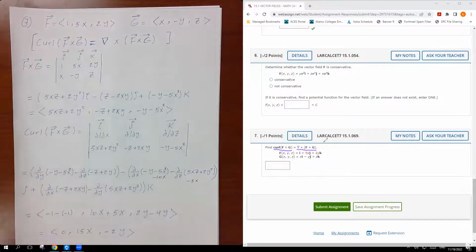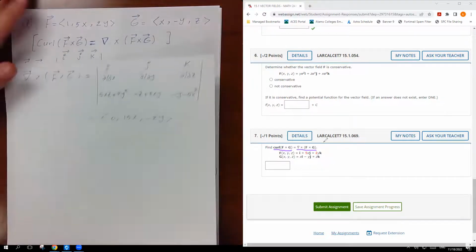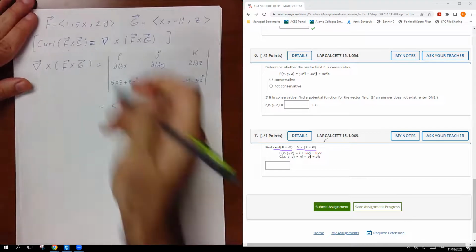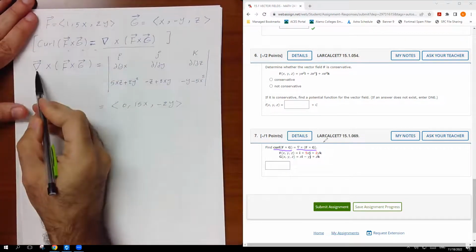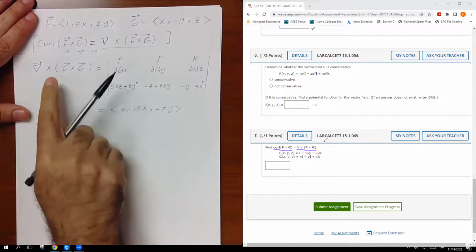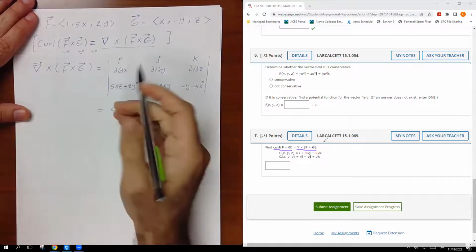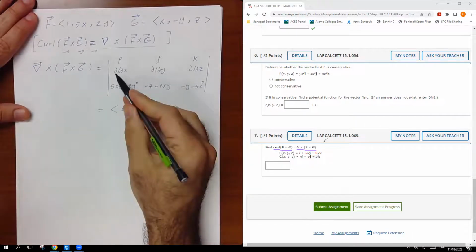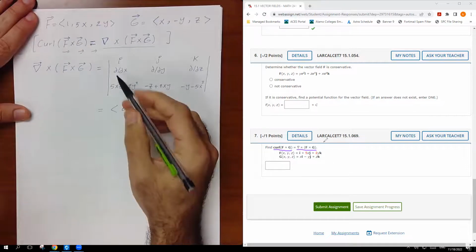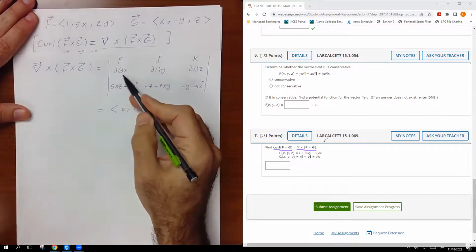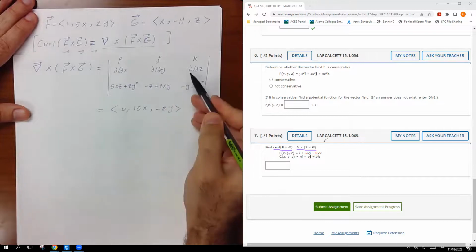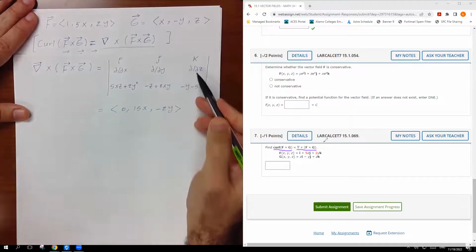So in this case, for the second part, the gradient cross product with f cross g, this is the gradient: the derivative with respect to x, the derivative with respect to y, and the derivative with respect to z.